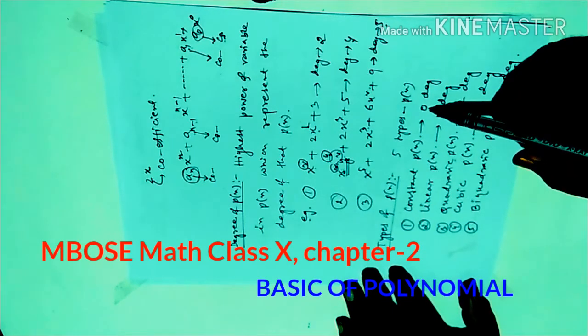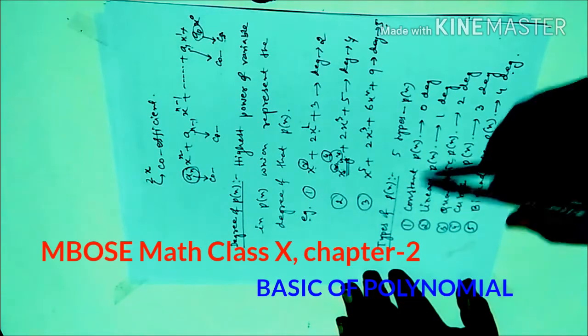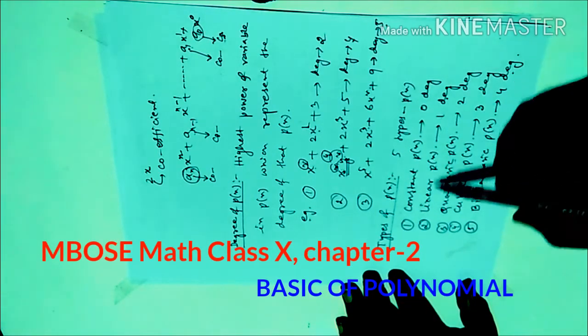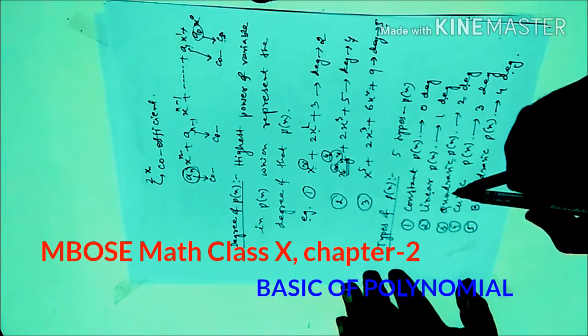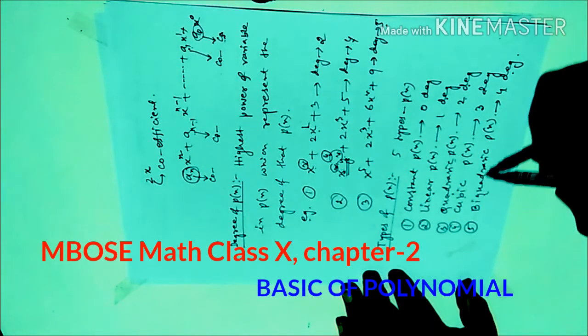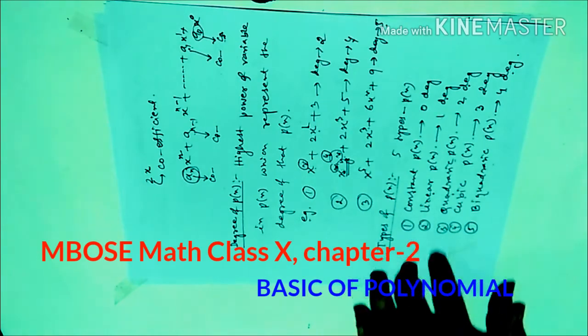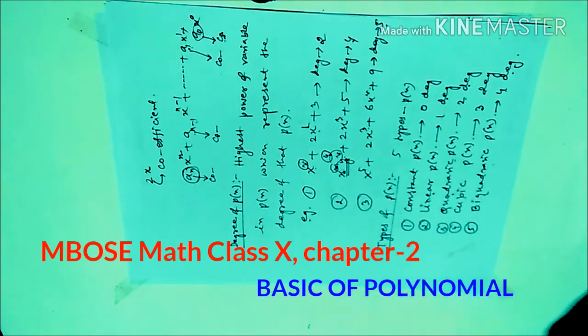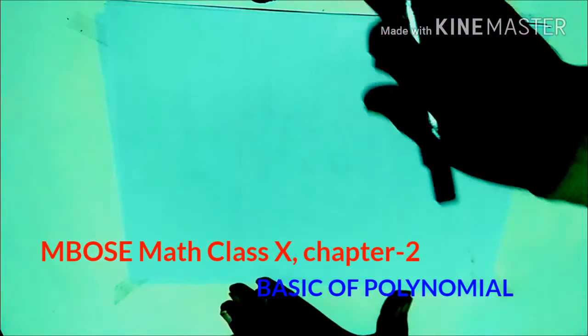If the polynomial has 0 degree, that is called constant. If 1 degree polynomial is called linear. 2 degree polynomial is called quadratic. 3 degree we call cubic. 4 degree we call bi-quadratic. I hope you understand. Now I will discuss details of constant, linear, quadratic, cubic and bi-quadratic. Okay, we will do on the next page.